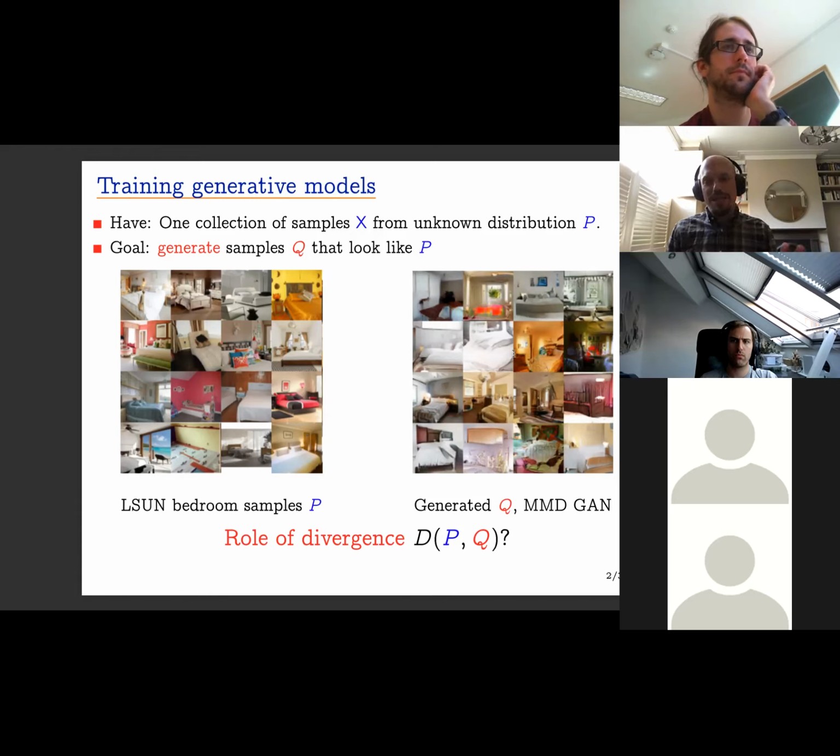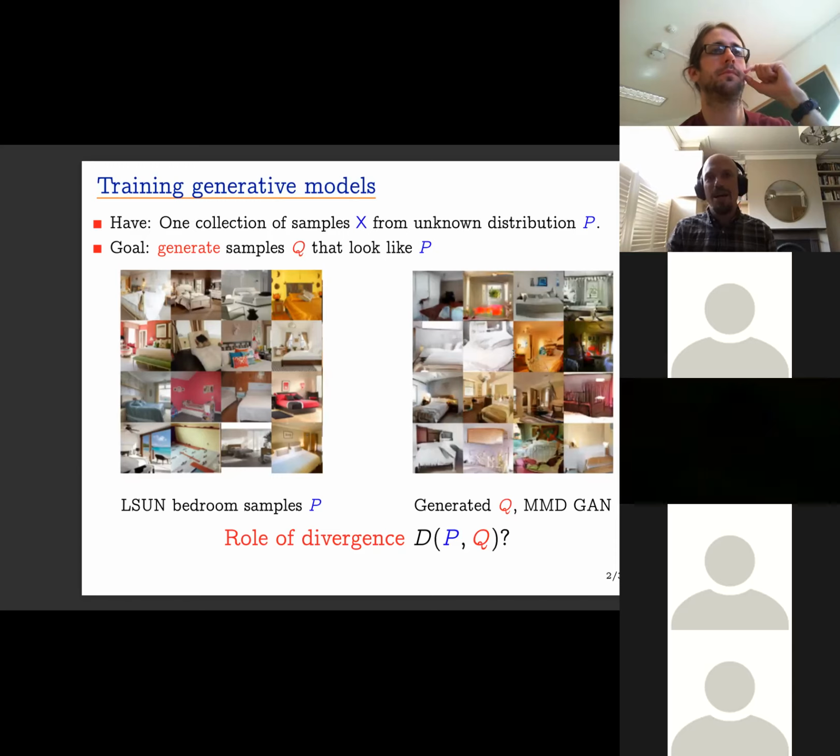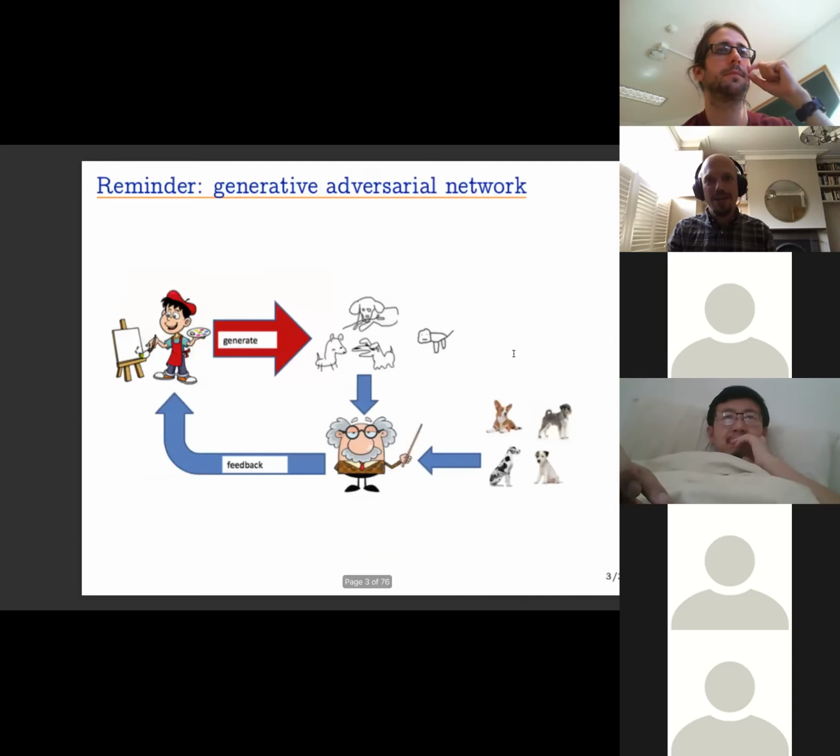Where we're going to start in this talk is one of the most popular machine learning techniques for generating artificial samples in high dimensions with structure, which is the generative adversarial network. Here is our little cartoon reminder of what a generative adversarial network is doing. On one hand, I've got my generator. This is the artist, which is generating artificial samples, in this case, fake dogs.